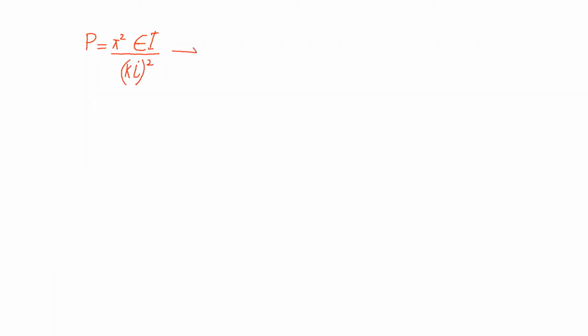So this is known as the Euler formula, and it is given in your manual also. So you can see over there. So what is P? It is the maximum load.